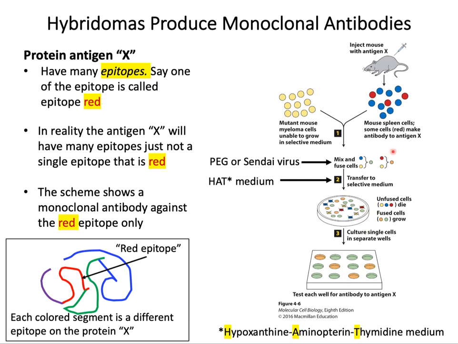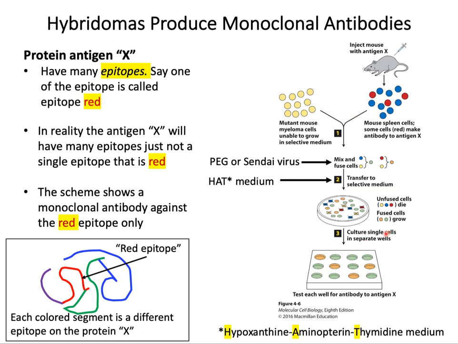But only the B cells fused with the myeloma cells will survive, as they have the TK and HGPRT from the B cells and will be able to use the alternative pathway to synthesize the purines, and will also have the immortality coming from the myeloma cells.